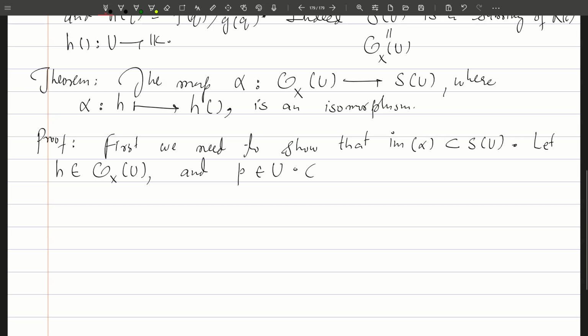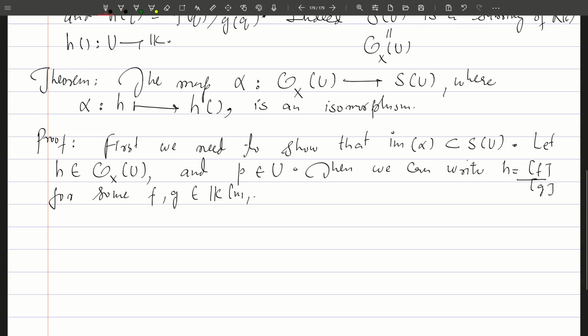Then we can write this h as the class of f over the class of g for some polynomials f and g in the polynomial ring with g of p different from 0. So one can note that this point p is in U minus the zero set of g.